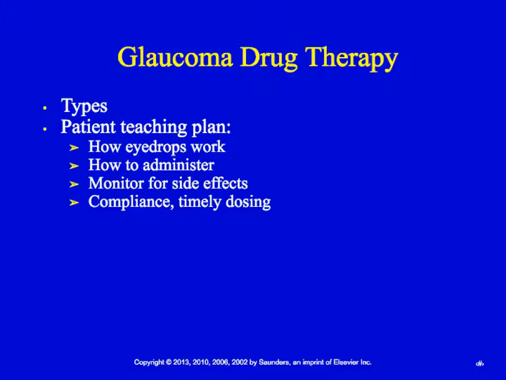They need to make sure that they wait about 10 to 15 minutes between instilling eye drops, so that each eye drop has an opportunity to do its job before you go in and wash it out with another eye drop. You have to make sure you wait between each one. Also, make sure that you teach them about good hand hygiene if they're going to be sticking their hand in their eyeball. Make sure they're washing their hands before and after doing that.